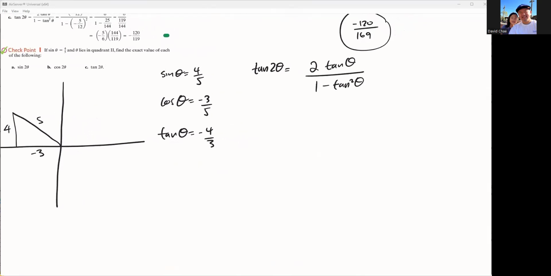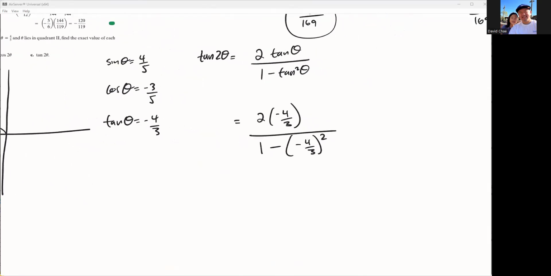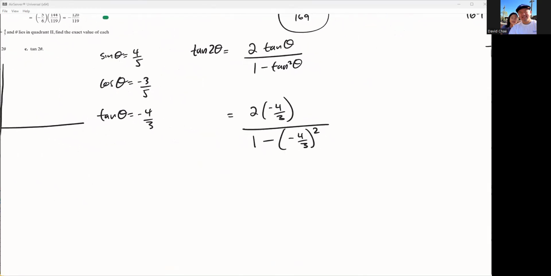This is 2 times -4/3 all over 1 minus -4/3 squared. This is -8/3 all over 1 minus 16/9.